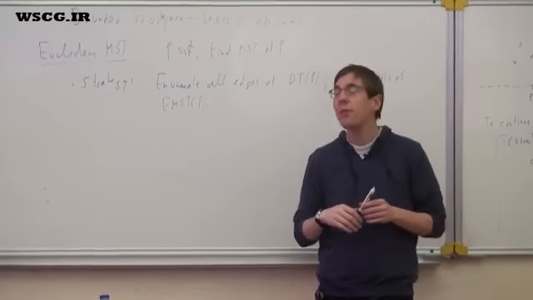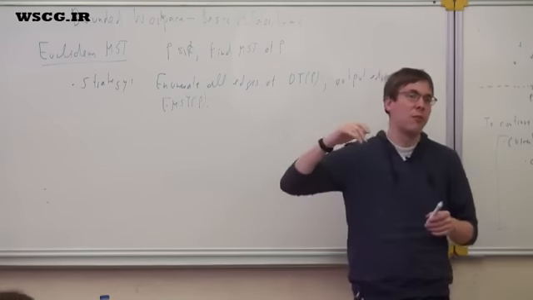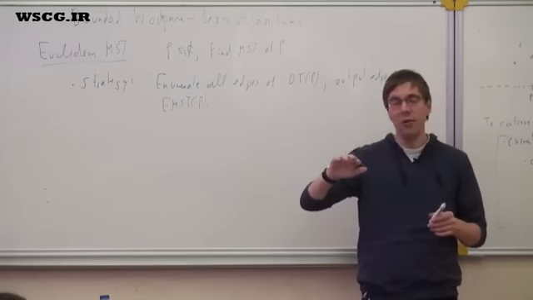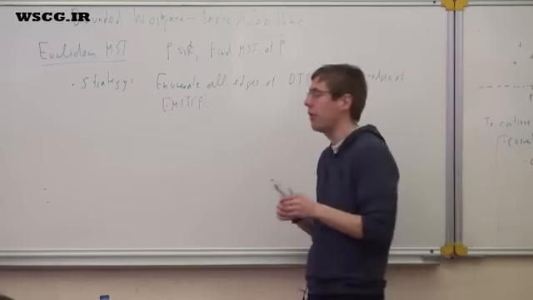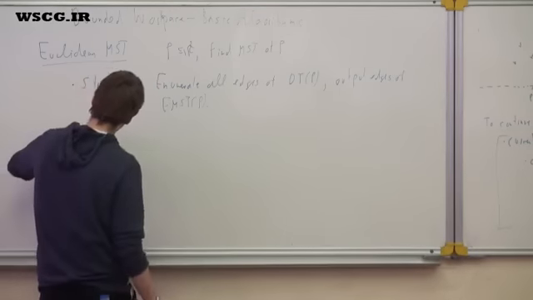So we enumerate all the edges. We know how to do this; we just saw it. And now for each edge, we want to check whether it's an edge of the Euclidean minimum spanning tree. This is the main question.